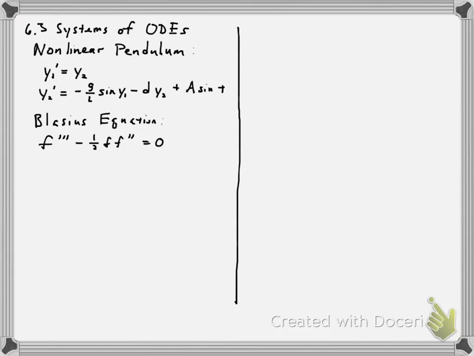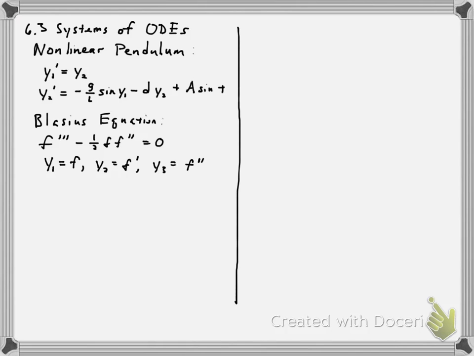and we want to convert this. What we want to try to do is convert this to a system, and it's going to be a three-dimensional system since Blasius equation is a third order differential equation. Okay, so to do the conversion, we set y1 equal to f. We set y2 equal to f prime, and we set y3 equal to f double prime.